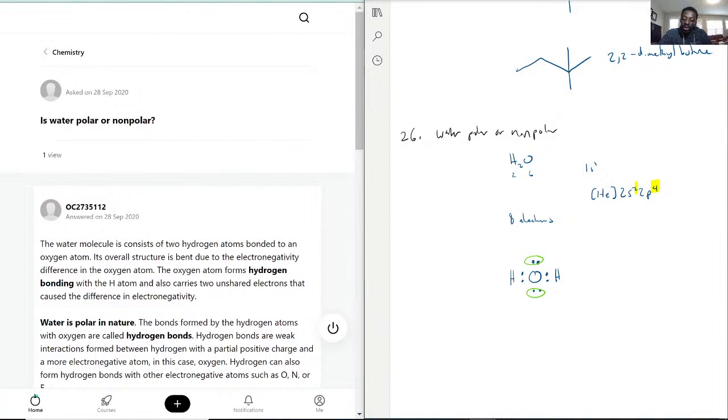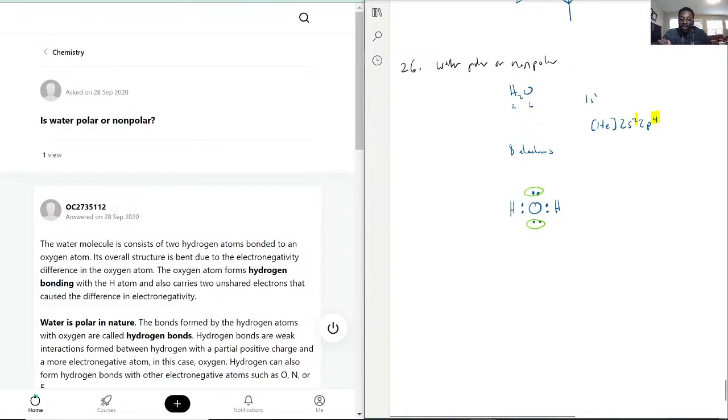Let's actually draw what it looks like in terms of its shape. And to find that out, oxygen has 4 electron pairs, as we discussed, because 2 bonds and 2 lone pairs.